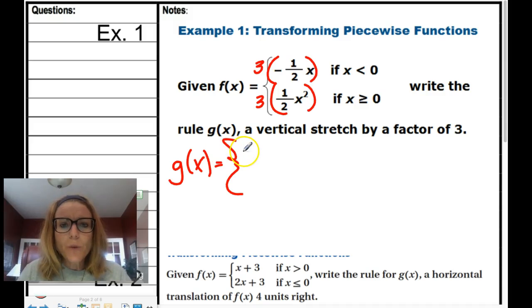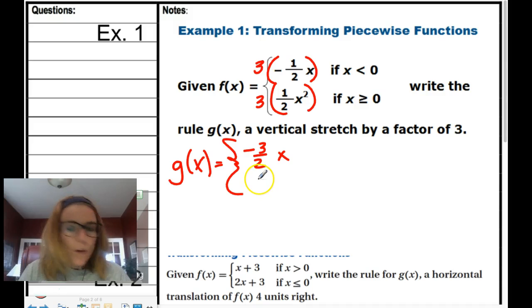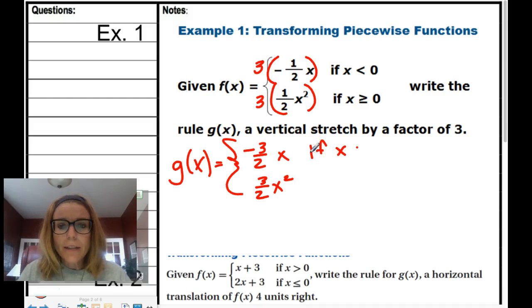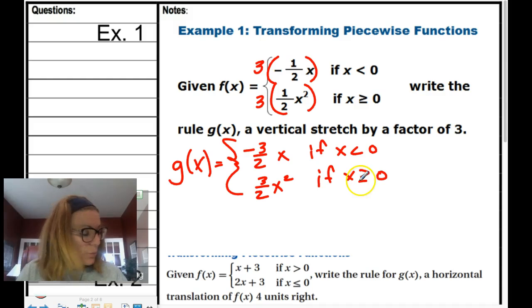When you do that, you get negative 3 over 2x and 3 over 2x squared, if x is less than 0 and if x is greater than or equal to 0. Remember, we're not going right or left, so the interval does not change, only the rule changes. And that is example number 1.